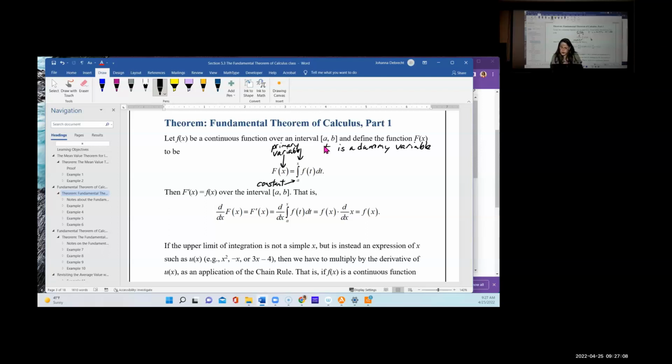And the whole thing, of course, represents a definite integral, which is the limit of a Riemann sum.